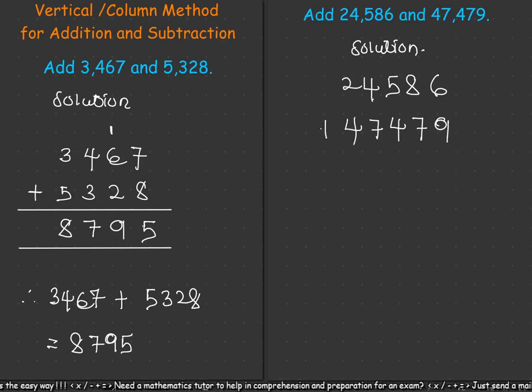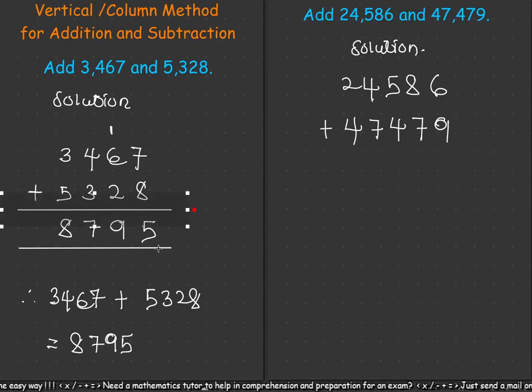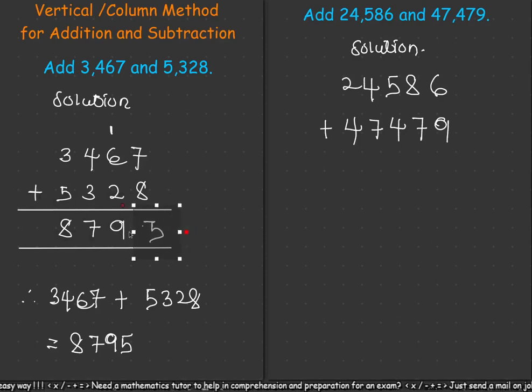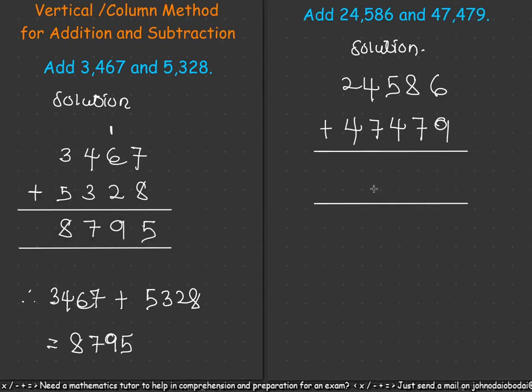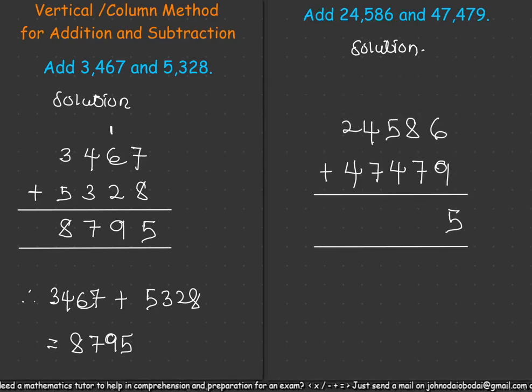Since we are adding, all I'll need to do is put my symbols over here. So we put an equal to sign over here, and then we start the addition column wise. So we have 6 plus 9, and you know 6 plus 9 will give us a 15. So I'll just write 5 here, and then I'm going to carry my 1 to the next column. That is, it comes here.